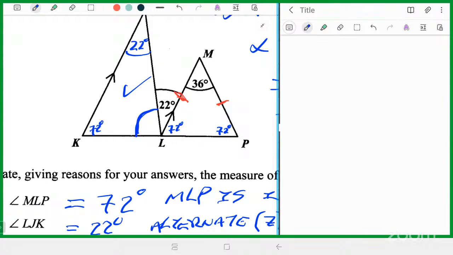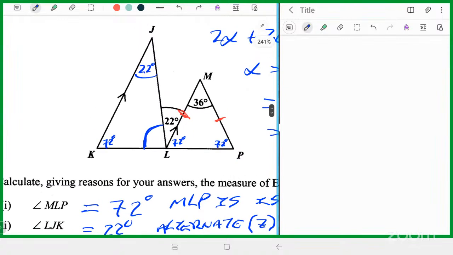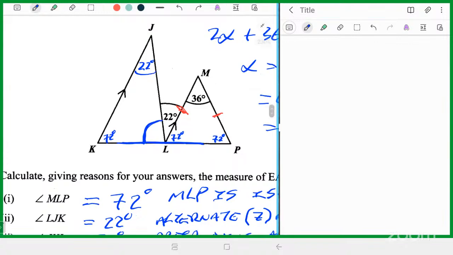Right? So look, 180 minus the sum of these two. Or we can say total angle on the straight line is 180. Same thing. 72 and 22 from 180. Anyway you take it, it is 180 minus the sum of these two, whether you want the triangle or you want to use total angle on the straight line.